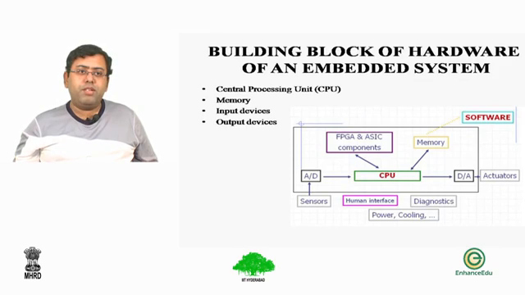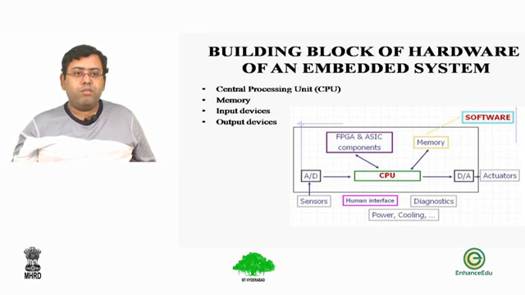So if we talk about the basic architecture of the embedded hardware, it consists of a processing unit. But as I said, today when we talk of embedded systems, we are not having systems which are implemented only in hardware or only in software, but rather we have something called a hardware software co-design.